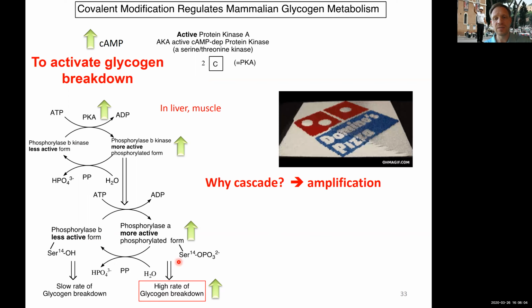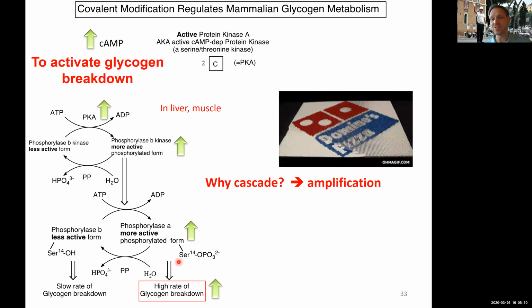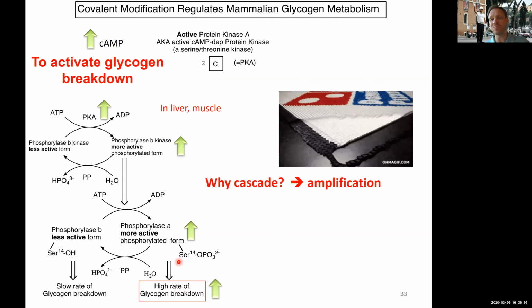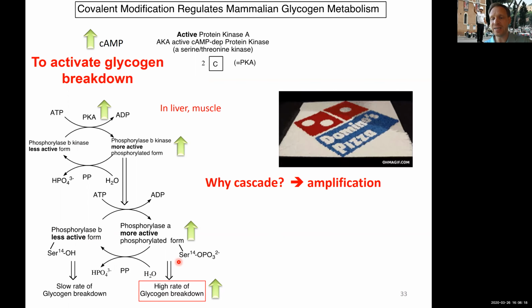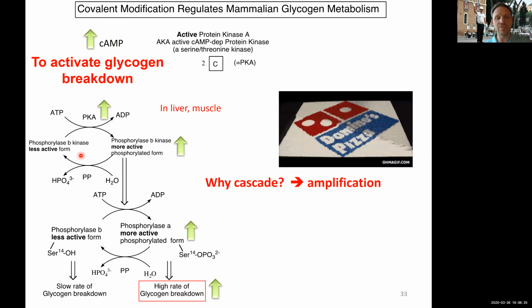why the cascade? The reason is amplification. Some of you who may have played dominoes before or seen this, it's sort of the same principle with just increasing the number of stones that are being moved, you can have a complete cascade effect. And kinases do the same. You could imagine that PKA will increase the activity of a number of these phosphorylase B kinases.